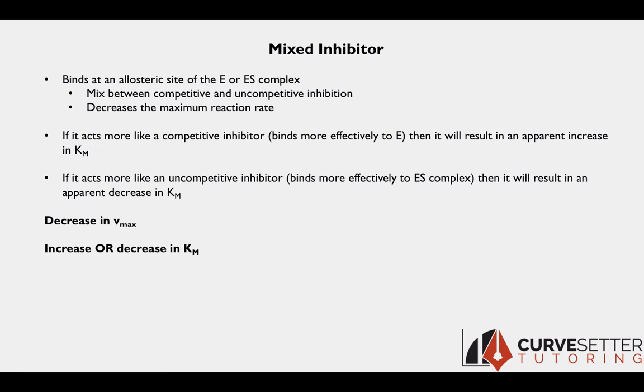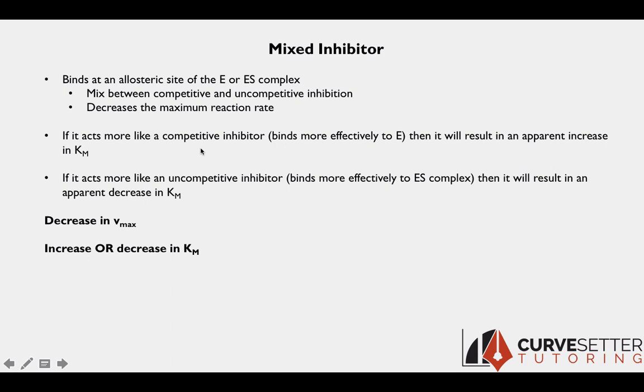But its effect on Km is going to vary depending on whether it has higher affinity for E or higher affinity for the ES complex. So if that inhibitor, a mixed inhibitor, acts more like a competitive inhibitor, meaning it binds better to the enzyme alone than it does to the ES complex, then it's going to result in an apparent increase in Km, just like competitive inhibitors do.